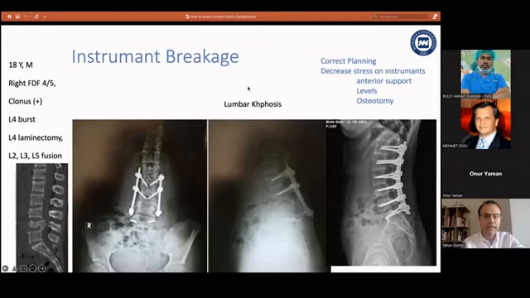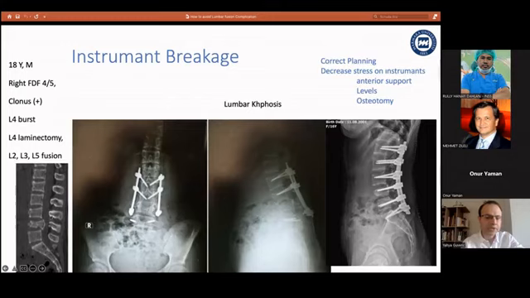Another complication is instrument breakage. For example, we can prevent it with correct planning, and we can decrease stress on the instrument with anterior support and correct selection of the level of operation, spine levels, and sometimes we need osteotomy to prevent instrument breakage.